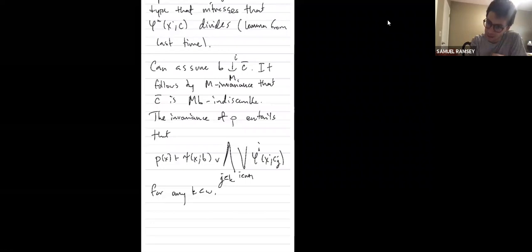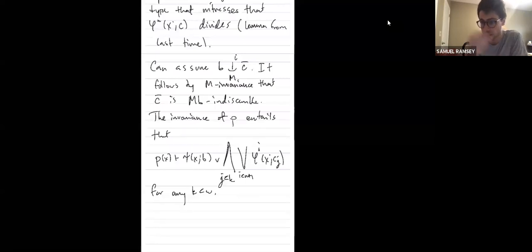But I know that BC1 also has the same type as BC0, which also has the same type as BC. So P by invariance will again imply C X B, or the disjunction of phi I X C1, because it has the same type, and my type is invariant. It's going to do the same thing for the disjunction of the phis with C2, C3, C4, C5.